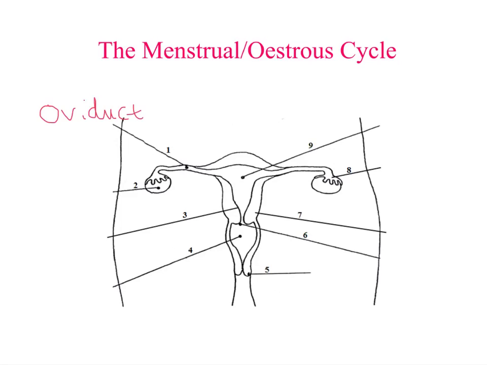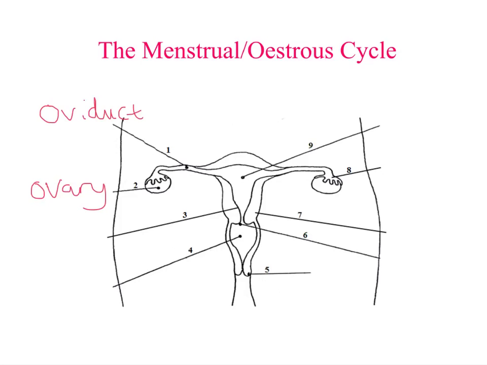Now the oviduct, often referred to as the fallopian tubes, is the pathway for that egg to come down and meet the sperm. So the egg will come down those oviducts or fallopian tubes to be fertilised. And that leads us to number 2, which is our ovary, and this is where our eggs are going to be produced.